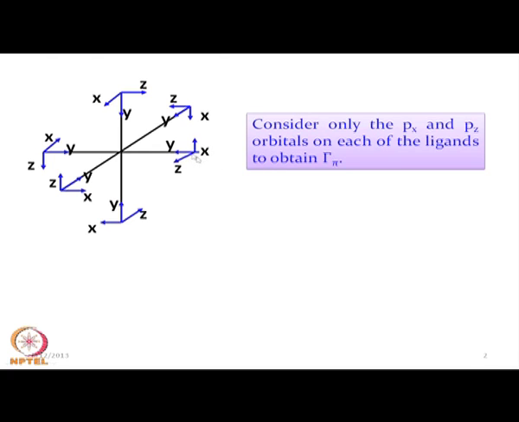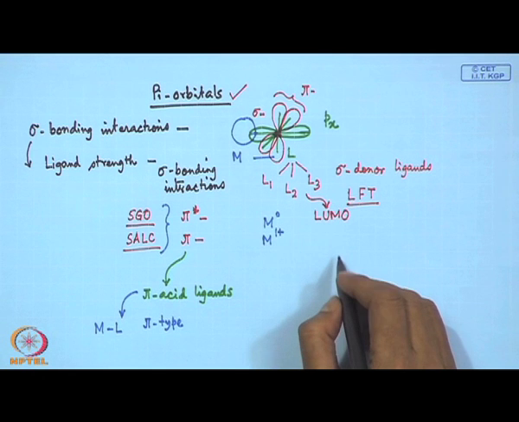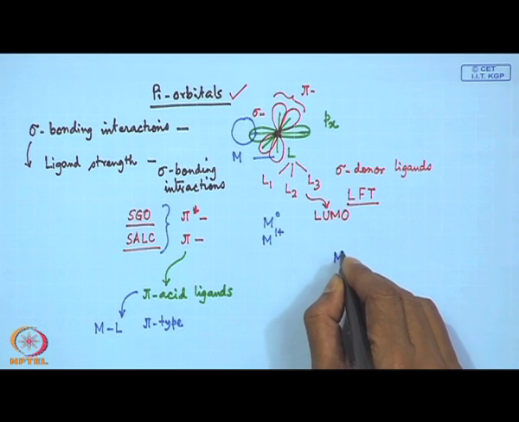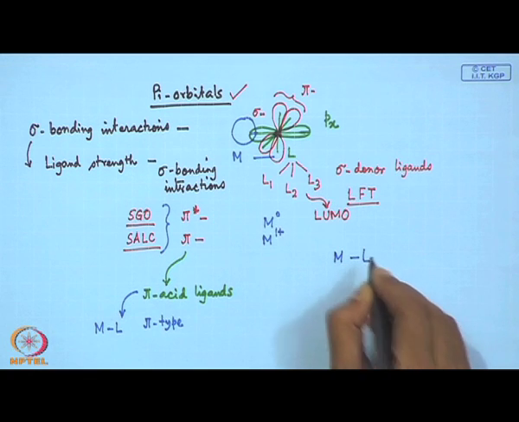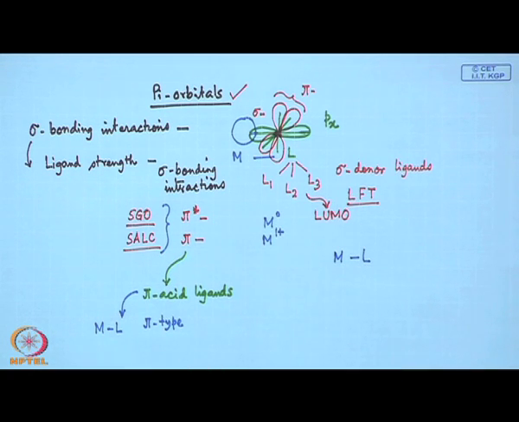But in this particular case, the large number of pi orbitals can give rise to some characteristic feature of this assembly, where we have the metal and the ligand.